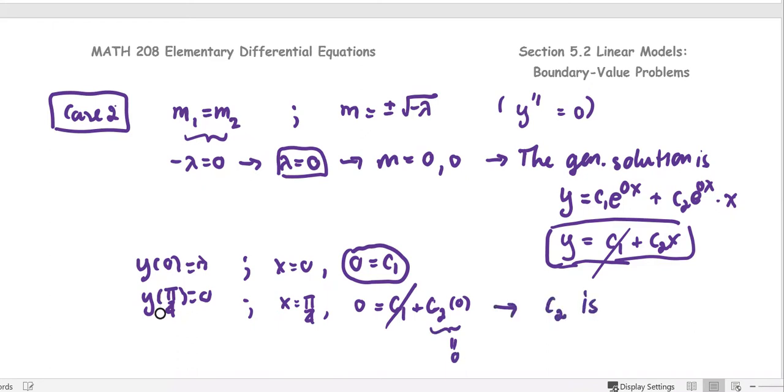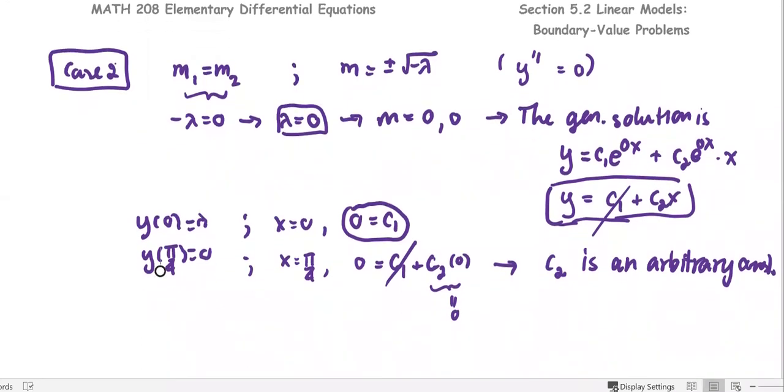C2 is an arbitrary constant. So that means you can use any value c2. I'm wrong, sorry. Let me clean this up real quick, because x is pi over 4 for the second condition.